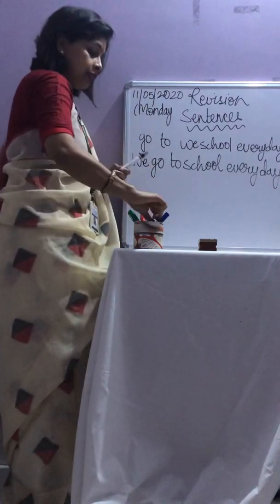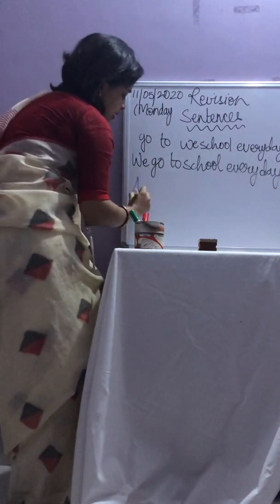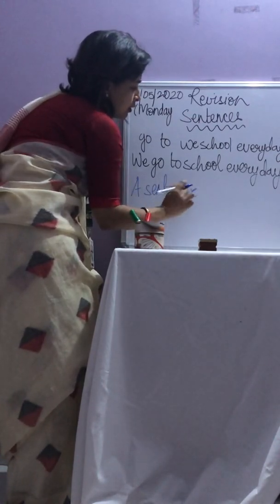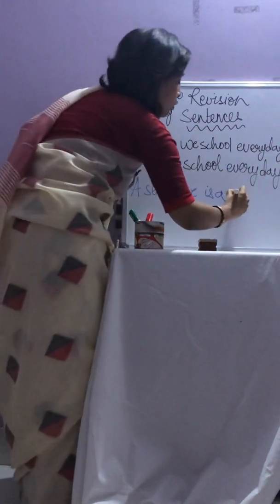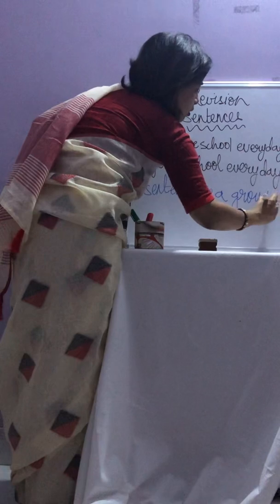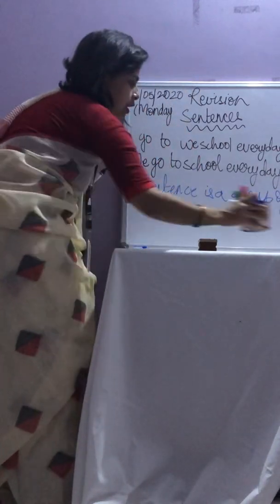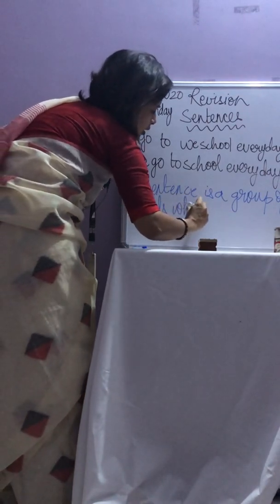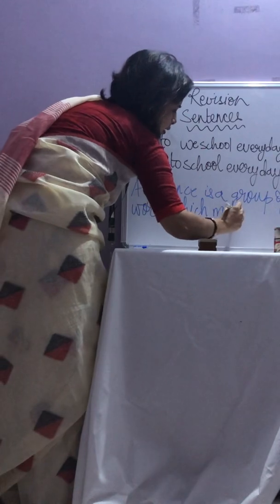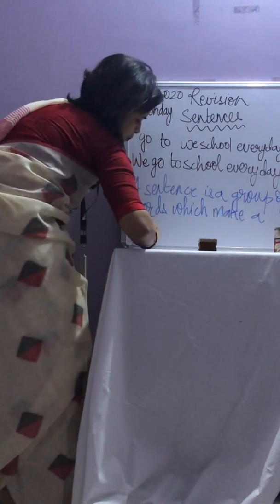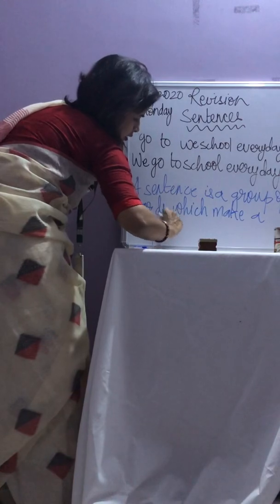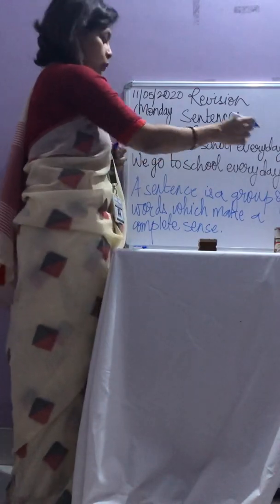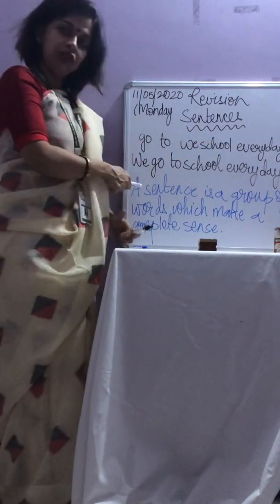A sentence is a group of words which make a complete sense, isn't it? It is a group of words which makes a complete sense. Is my board visible? Okay.